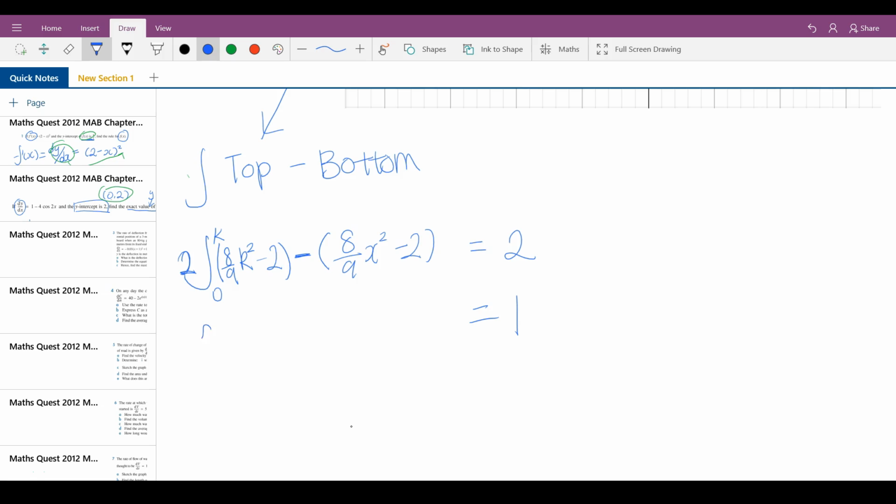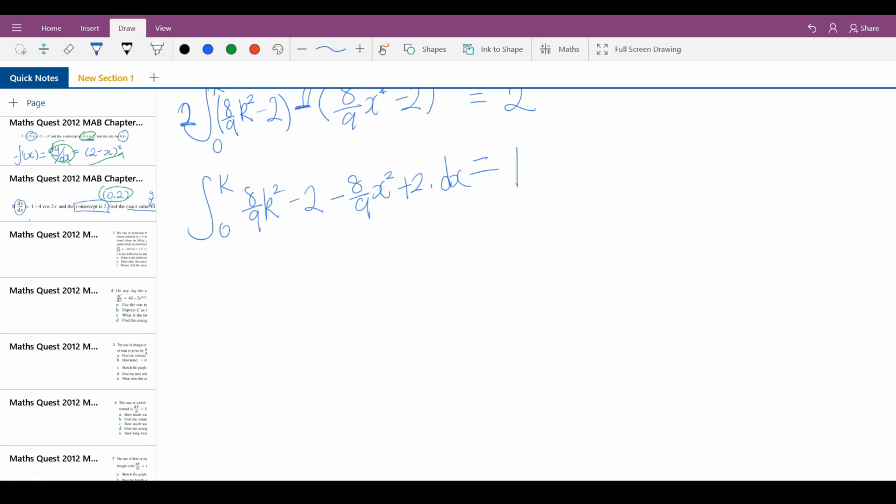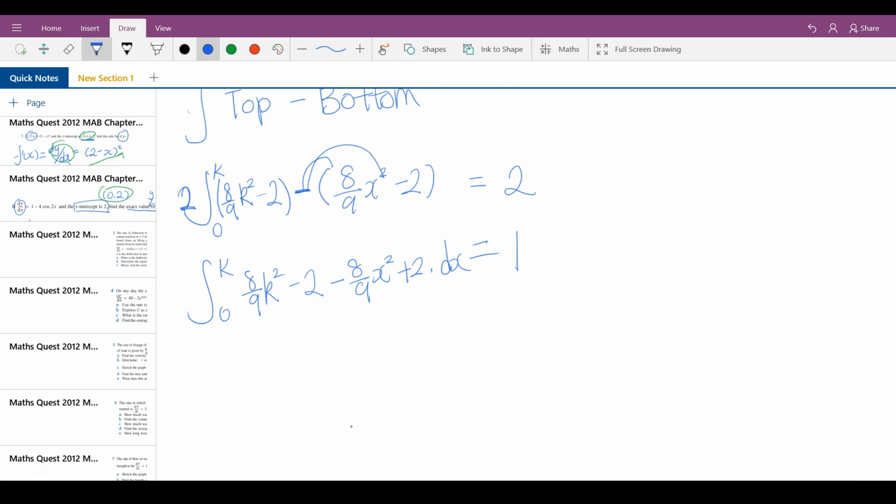All right, let's expand the brackets. So it's still k, still 0 here. So it's 8 over 9 k squared minus 2. Now let's expand the minus into both of them, so it will be negative 8 over 9 x squared plus 2. And then integrate with respect to x. I should put that on there as well.